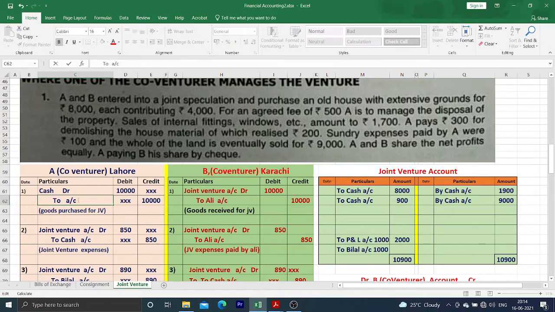It is received from B. Amount is 4,000. Contribution received from co-venturer.